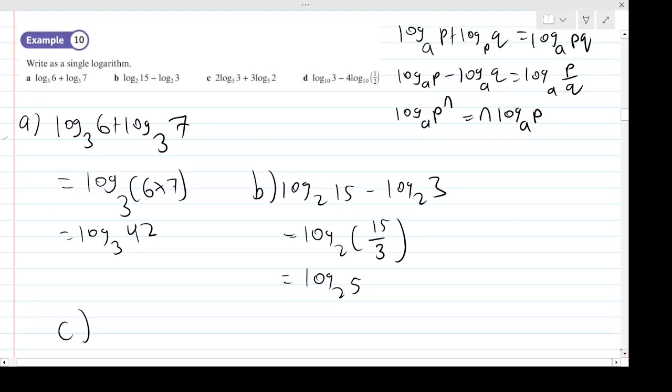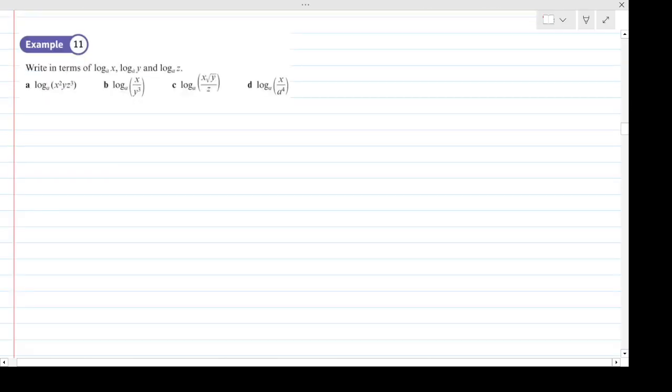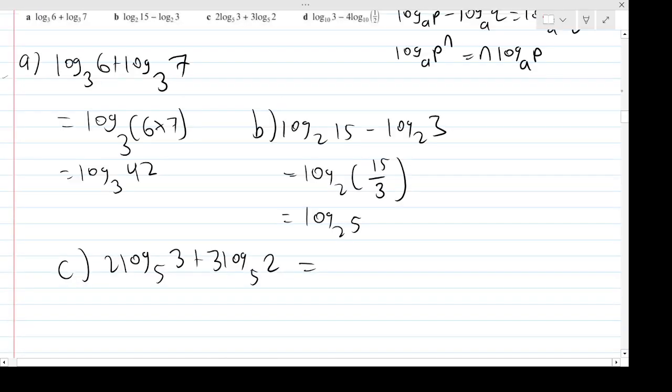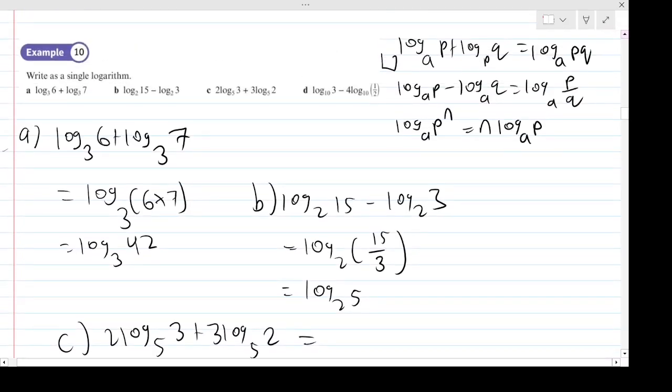Part C, we now need 2 log 5 of 3 add 3 log 5 of 2. Again, you notice I'm adding the two logs, so I will be using this top log law here. I'm going to times them together effectively. But I can't do that at the moment because, looking at my log laws, there's no coefficient in the front.